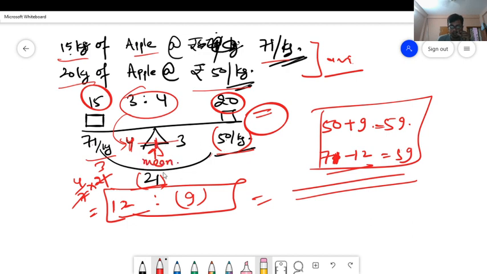This was the mean. So we took the difference and redistributed it in the ratio 4 is to 3, and subtracted these values from 71 and 50. We will add to the lower value and subtract from the higher value. So both would come as 59.